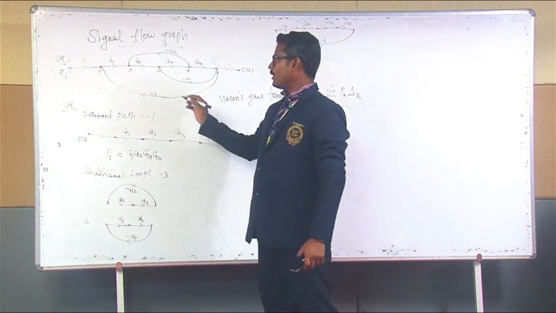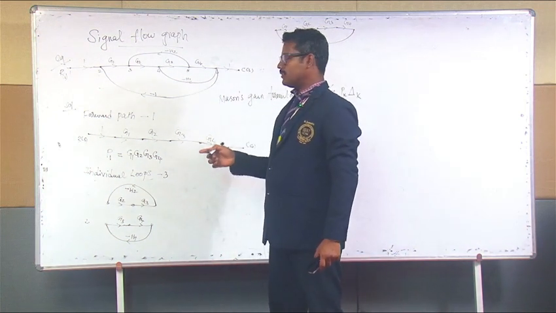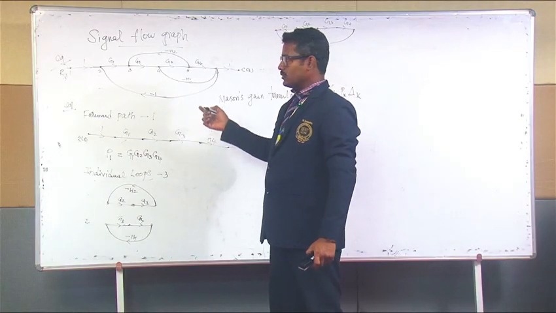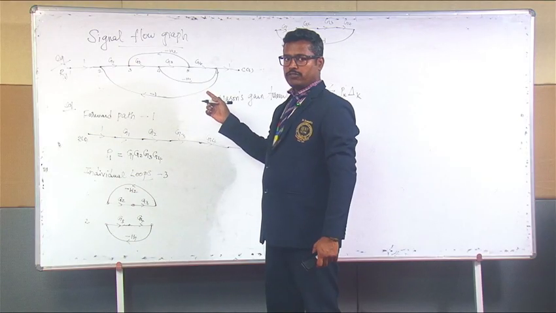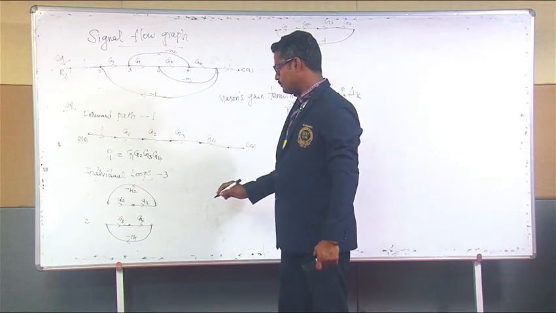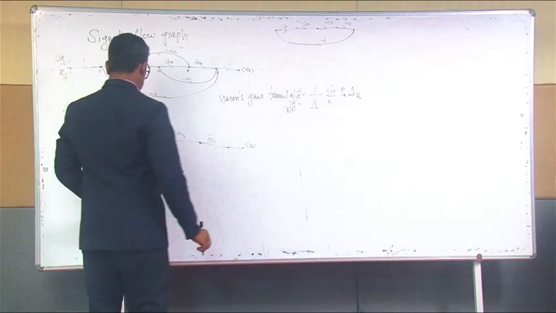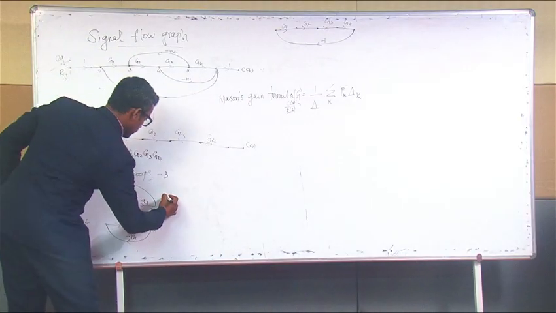We should not miss any terms because we can lose marks. So we have to carefully identify the individual loops and the two non-touching loops.